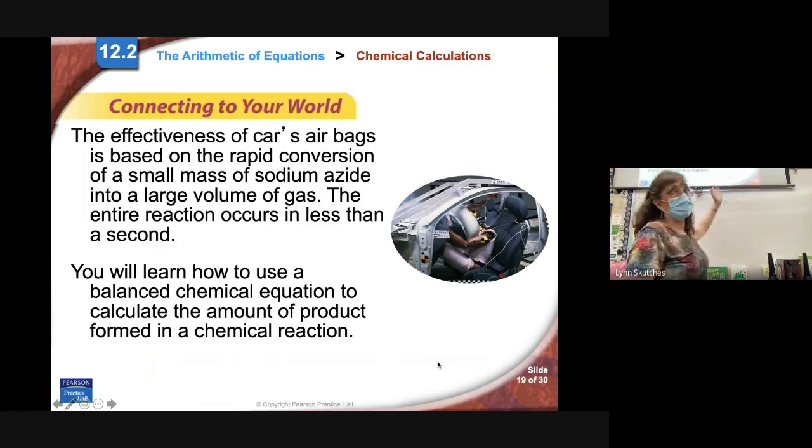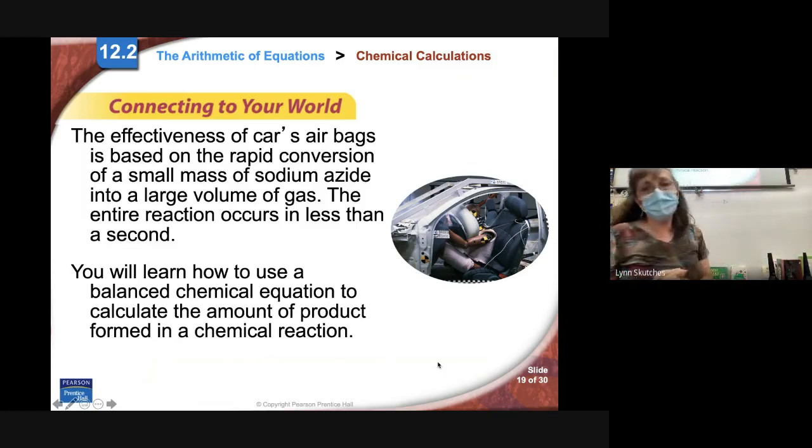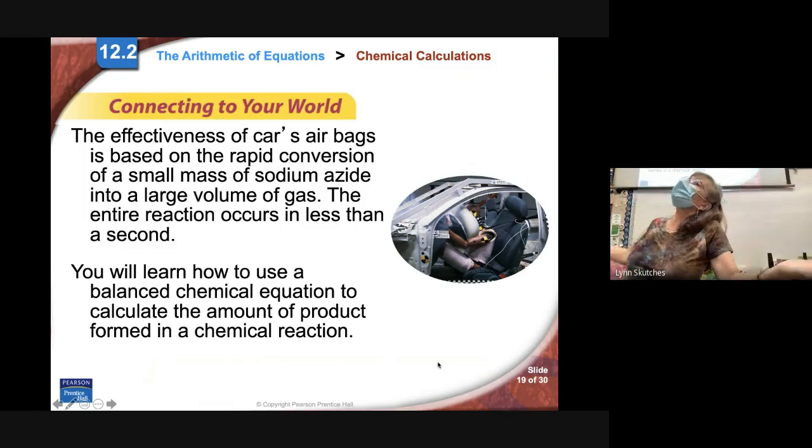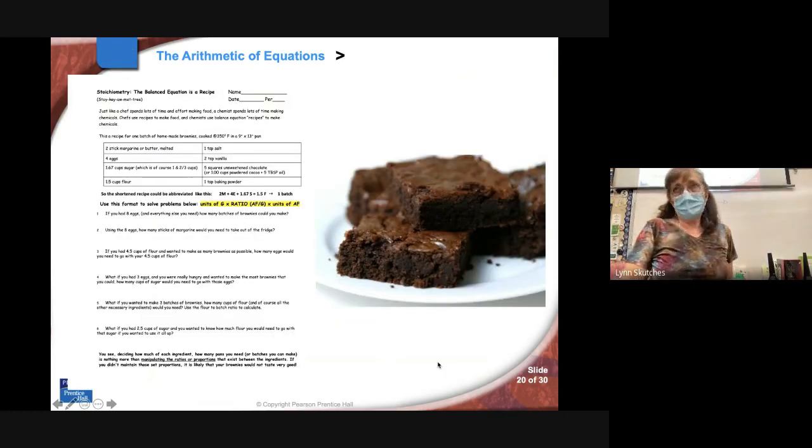Too much product formed, the airbag explodes and you smack your face on the steering wheel. So you want to have just the right amount of ingredients to make exactly the amount of product that you need. How do you figure that out? Stoichiometry. It's a lot more fun to talk about brownies, so that's where we're going to go next.